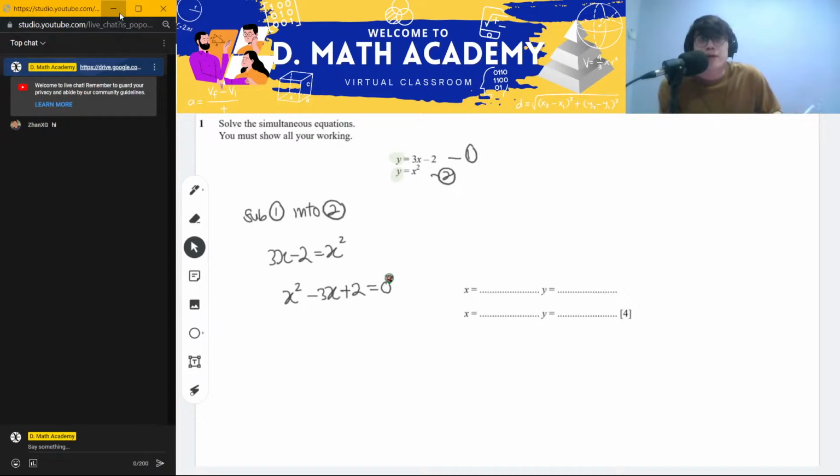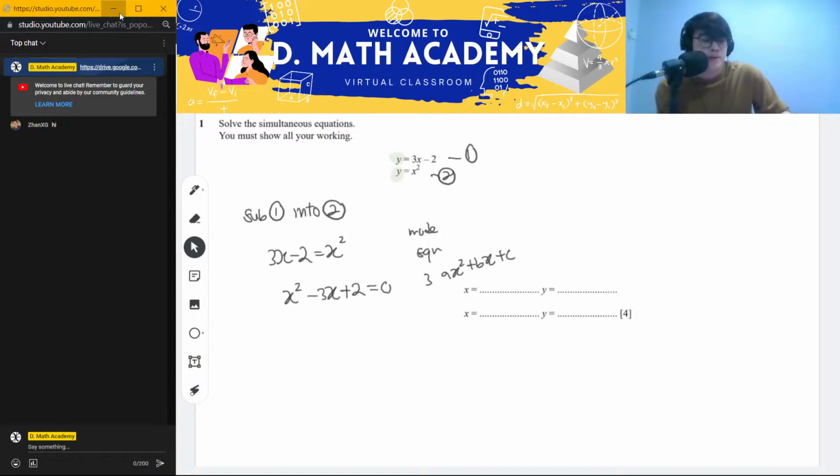So key in your calculator. For those who forgot how to do it, just press mode, search for EQN, and then choose the third one, which shows you ax squared plus bx plus c. The a that you're keying in here will be 1, b will be negative 3, and c is 2.